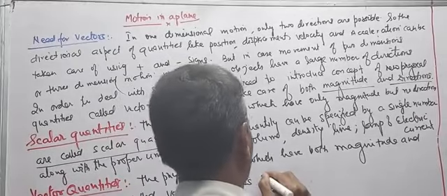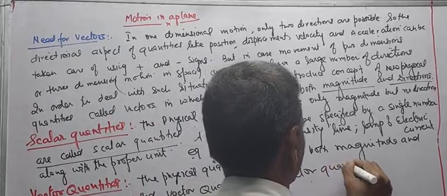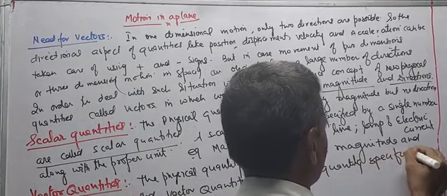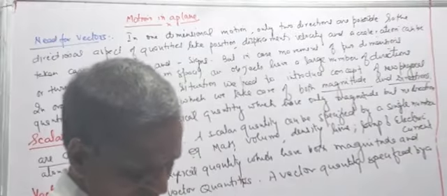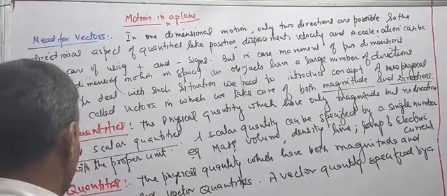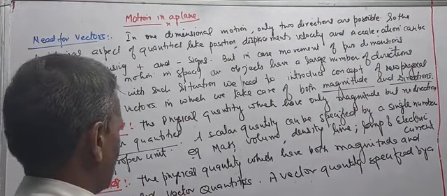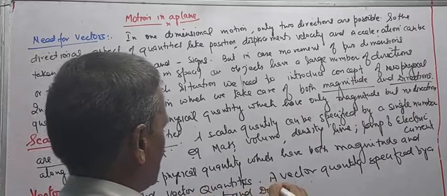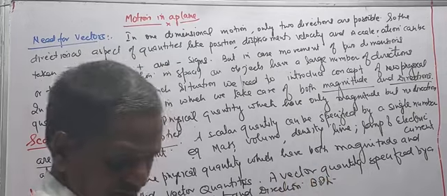A vector quantity is specified by a number with its unit and direction both.